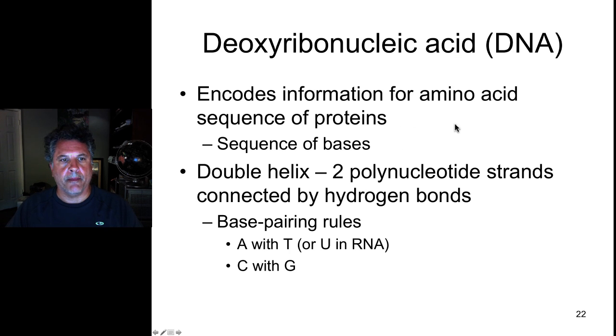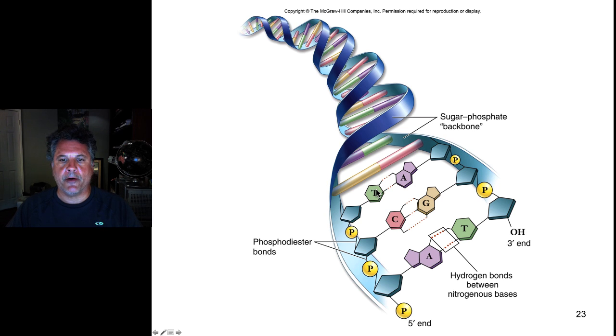So we know that DNA encodes amino acids, it encodes proteins, and DNA exists in a double helix. And there are base pairing rules. So we have one strand of DNA here, another strand here. The nitrogenous bases are in the center of the molecule along the long axis. The 2 strands of DNA that wrap around each other are arranged such that hydrogen bonds form between adenine and thymine and between guanine and cytosine.